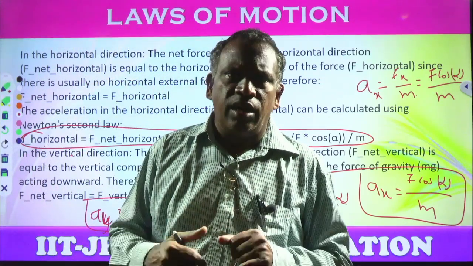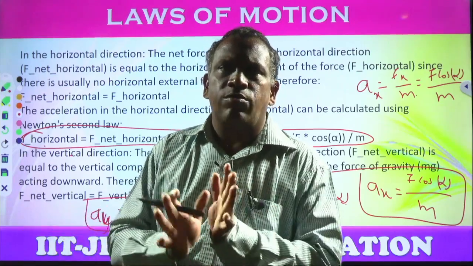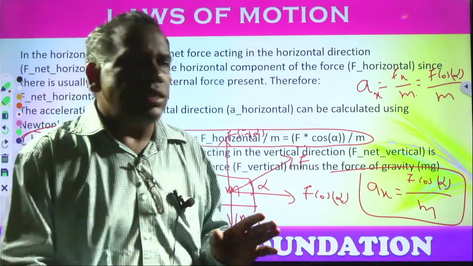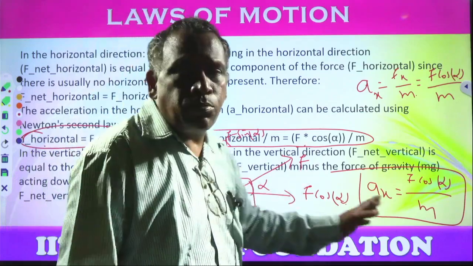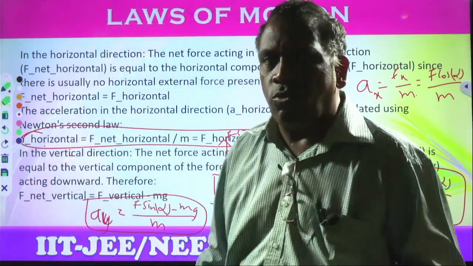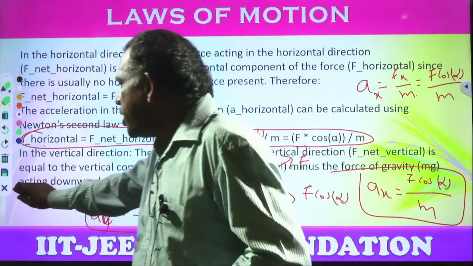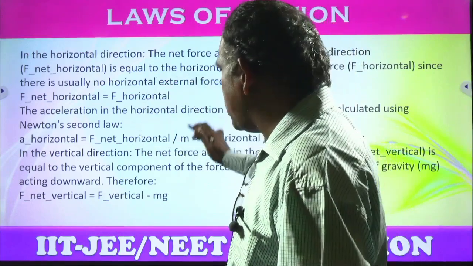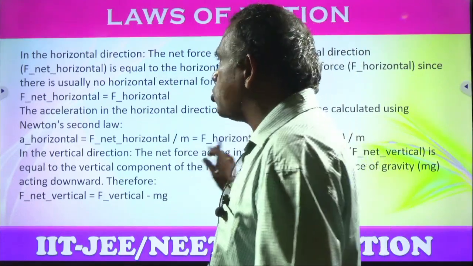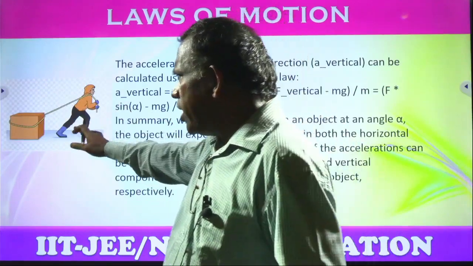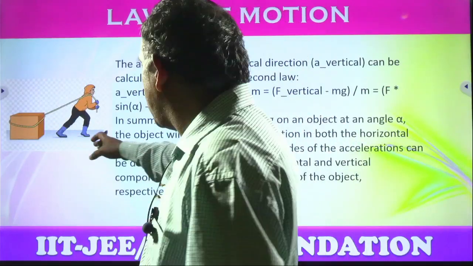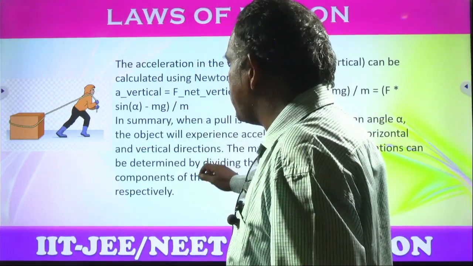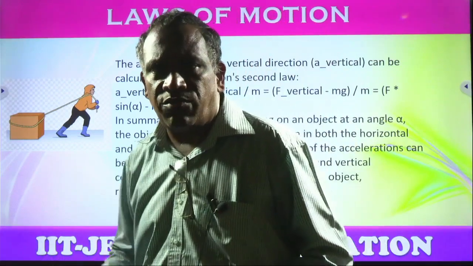Just as force has two components, vertical and horizontal, acceleration also has two components. When the block is on the smooth surface and some force is applied, you have to take the formulas in this manner: the horizontal force and vertical force divided by m. If a block is pulled by a person, in the vertical direction it is F sin alpha minus mg by m, and in the horizontal direction F cos alpha by m.